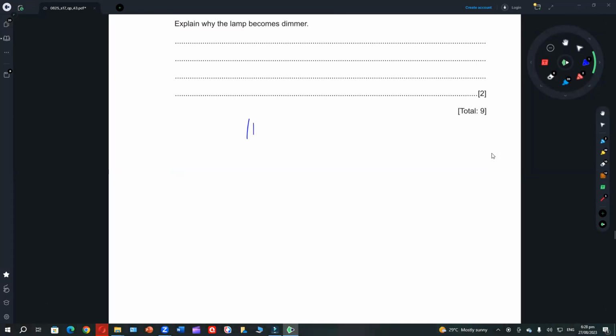Let me draw the circuit again, and you should draw with me so you can understand what happened. I have removed resistor X. Look at this circuit now. It is only resistor Y, only one resistor.